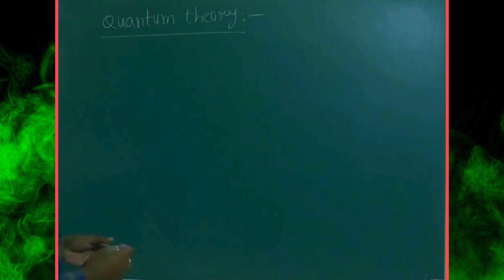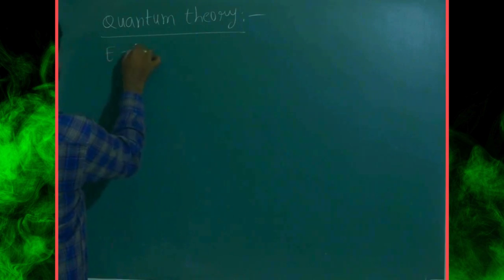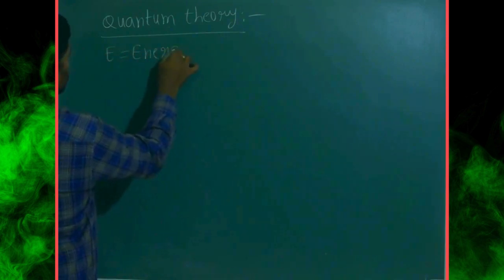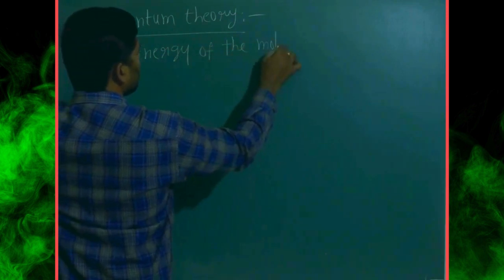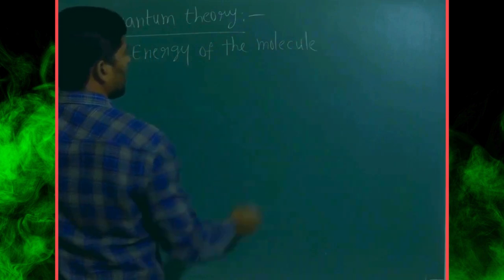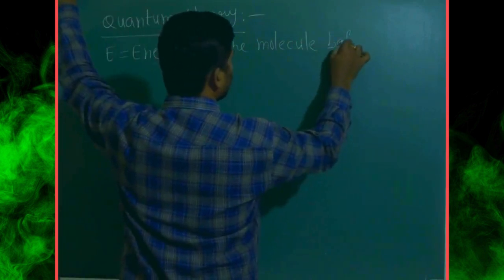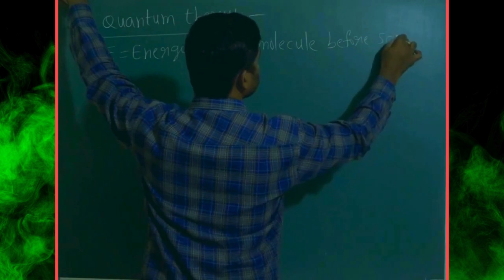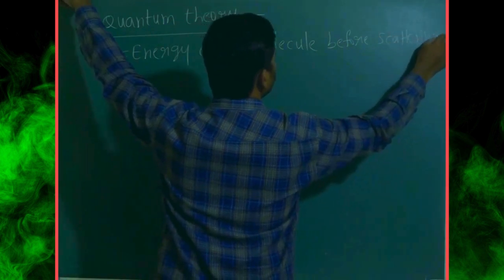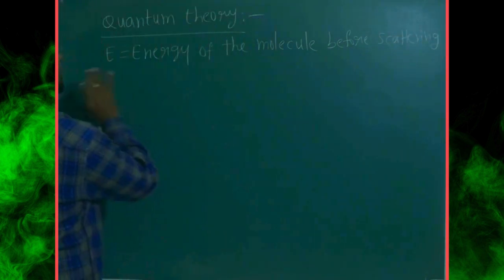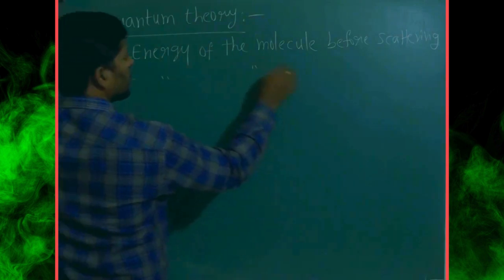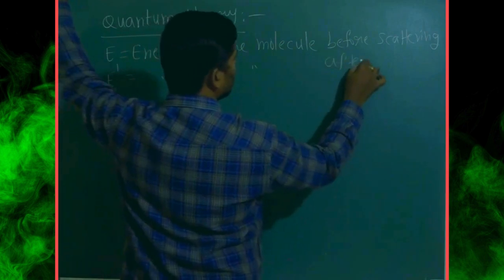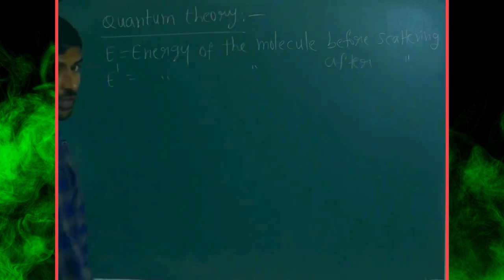First of all, quantum theory. Let us consider E is the energy of the molecule before scattering or before interaction with radiation. Before scattering of radiation, the initial energy of the molecule is E. And E dash, let us consider the energy of the molecule after scattering.